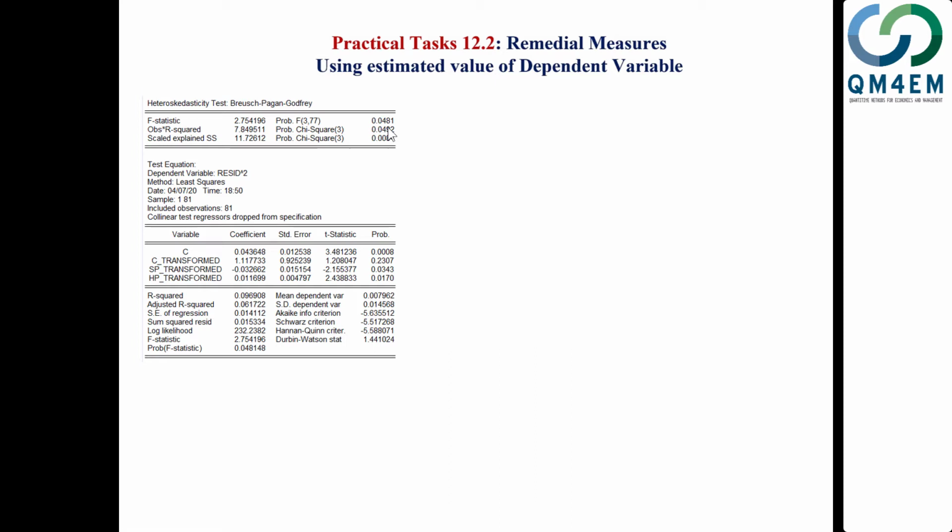And if you recall the BP test H0, I hope you remember it. In case you forgot, I will just give you a refresher. H0 says that the variances are homoscedastic, against H1, that these are heteroscedastic.